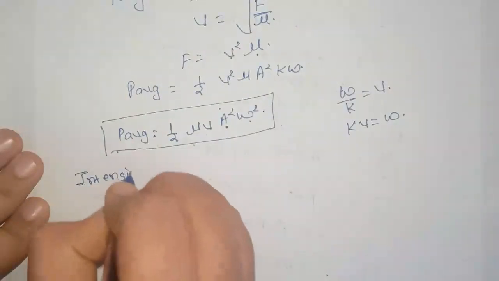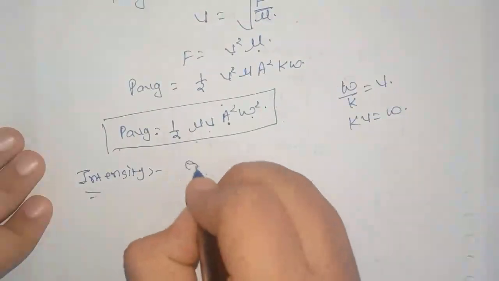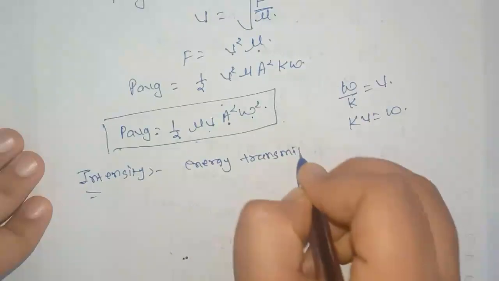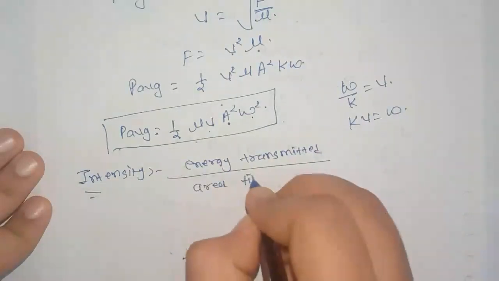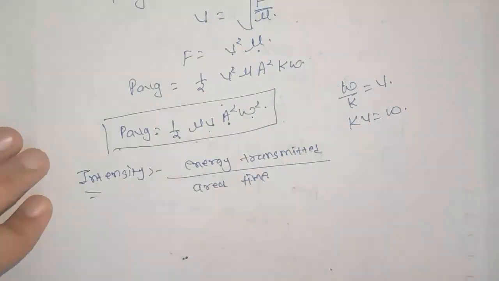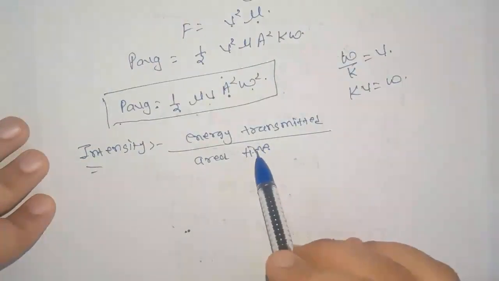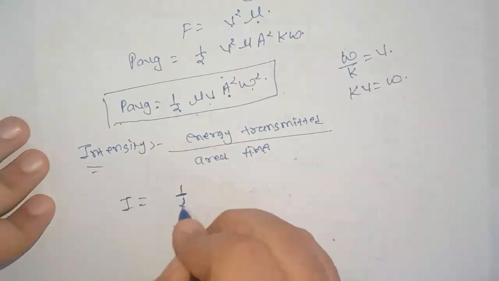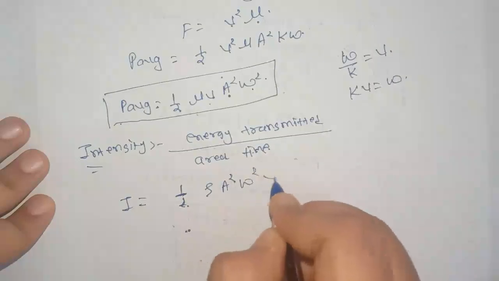The intensity is defined as the energy transmitted per unit area per unit time. This energy per unit time is power. So intensity will be half rho A square omega square V.